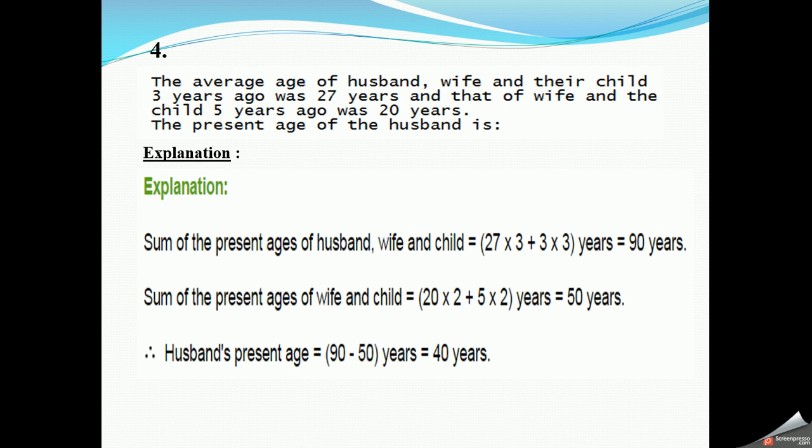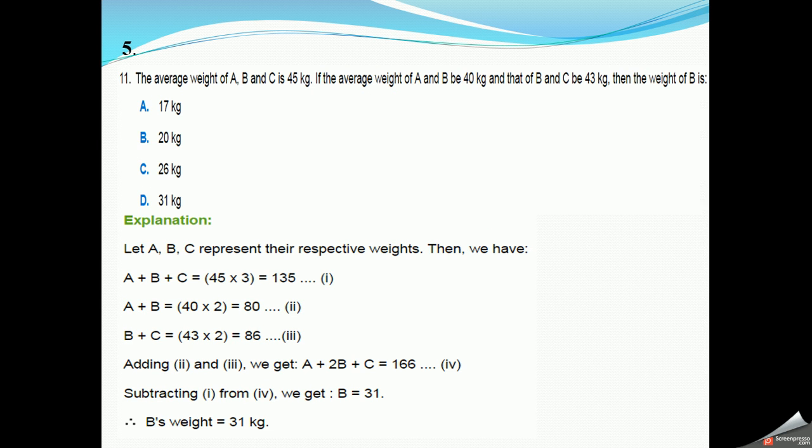When we make the calculation, we get 50 years. But our task is to find the husband's age. When we subtract the second statement from the first, we get the husband's age. It means 90 minus 50 equals 40. That is the present husband's age.